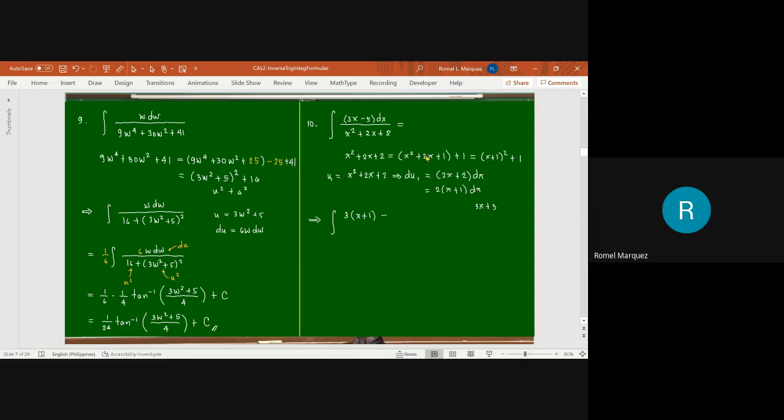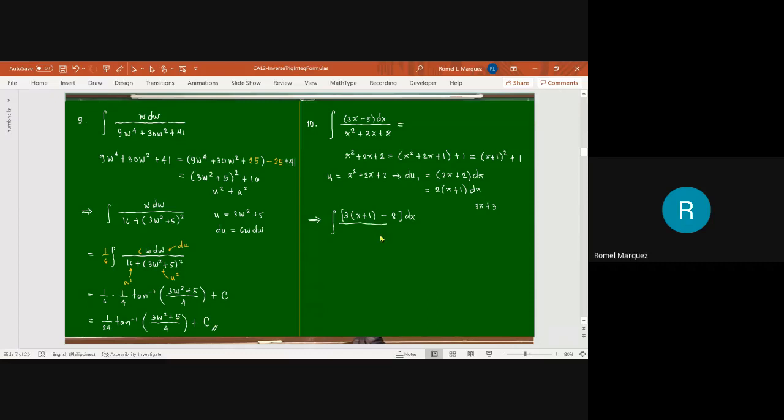Para maging negative 5. 3x plus 3 na to eh. Minus 8. Negative, oh yes, minus 8. Para pareho pa rin ng numerator. Di ba? Then copy the denominator.